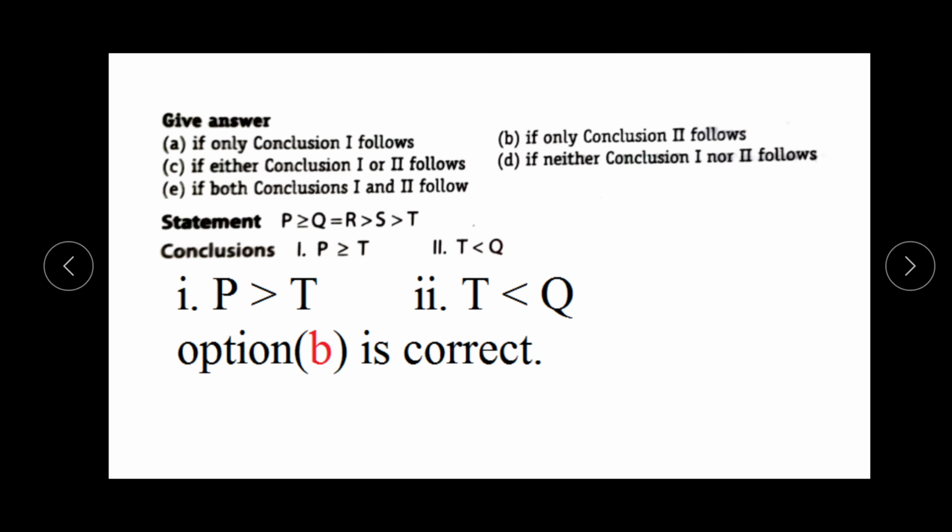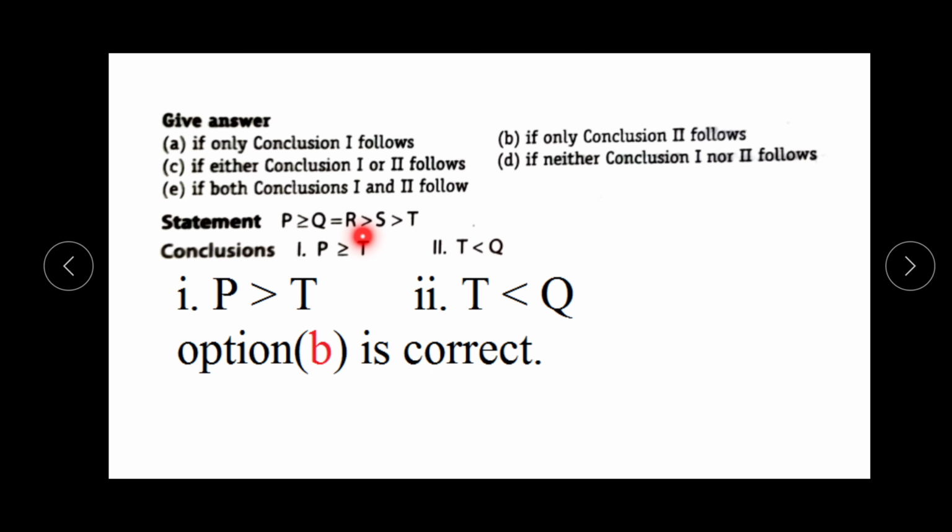First we will check the relation between P and T. Here the relations are greater than or equal to, and equal to, so between them greater than or equal to will follow. After that there is a greater than sign, so between these the greater than is strong.